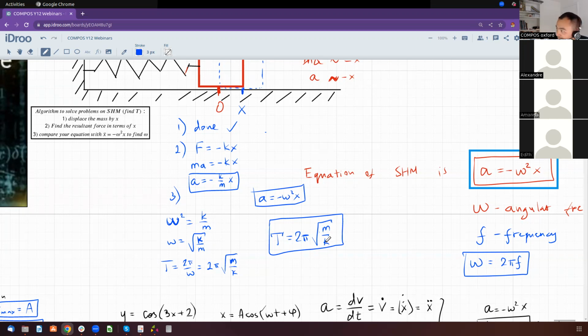So what they do is they attach themselves to a spring of known spring constant, and they start oscillating. And they measure the period of these oscillations, and this allows them to calculate their mass. And body mass is an important factor because when you're in space, you are losing muscle.